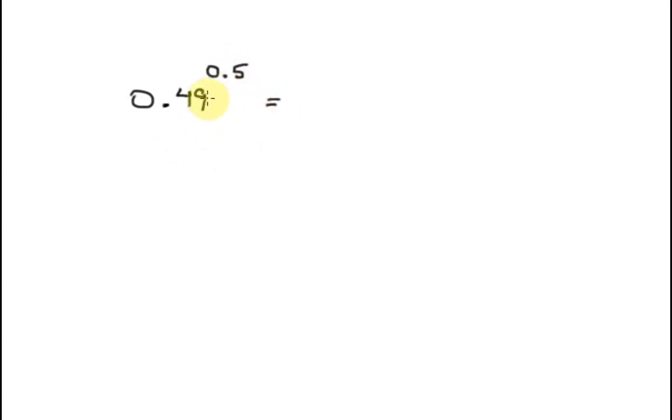Well, I'm going to take 0.49 and change that to a fraction. So that's the same as 49 over 100. And what about this 0.5? Well, we just saw that that was 5 over 10, which reduces to 1/2.